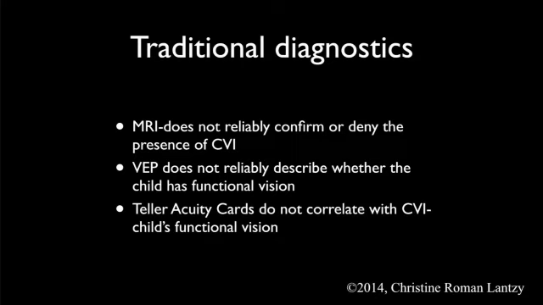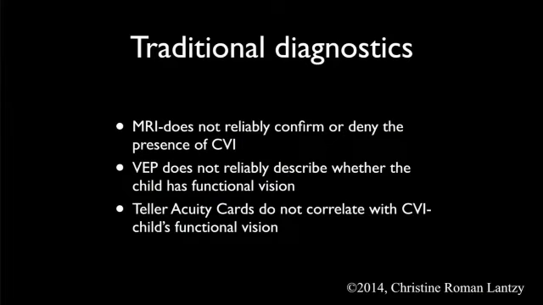Unfortunately, it also does not really tell us whether or not the child is processing vision in a very meaningful way. It does not reliably describe whether the child has functional vision or how they see. There also is not a very strong relationship between the results of a VEP and how a child actually uses their vision or can continue to develop their vision.